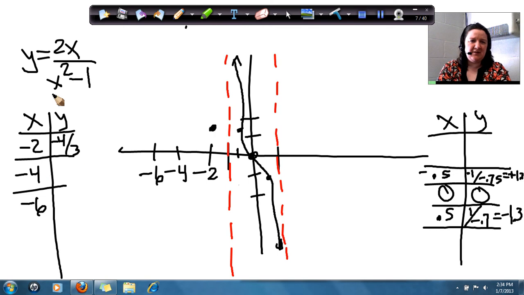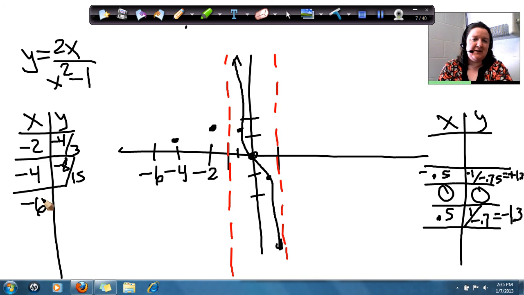If we plug a negative 4 in, that's going to give me a negative 8. And a negative 4 squared would be 16, minus 1 would be 15. So that's going to be some really small number, negative 0.5, so down around here.